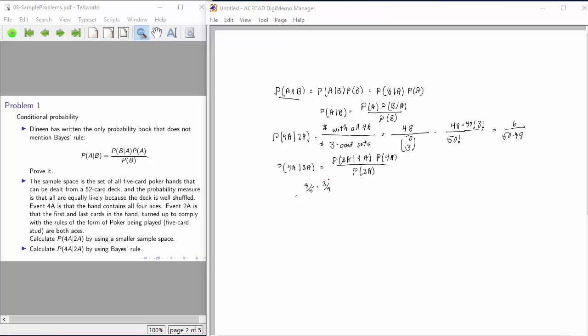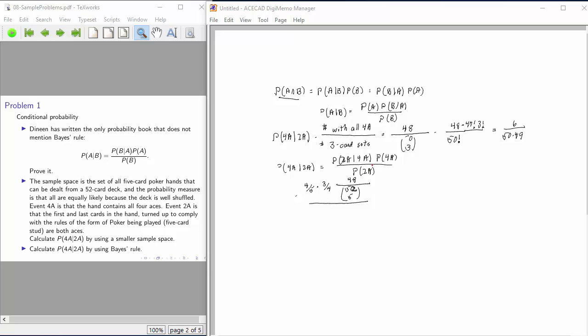And then I have to multiply by the probability that my opponent was dealt a hand with 4 aces. There are 48 ways that can happen, corresponding to the 48 possible 5th cards, and I have to divide by the number of ways of choosing 5 cards out of 52. That's 52 choose 5. Now for the denominator.